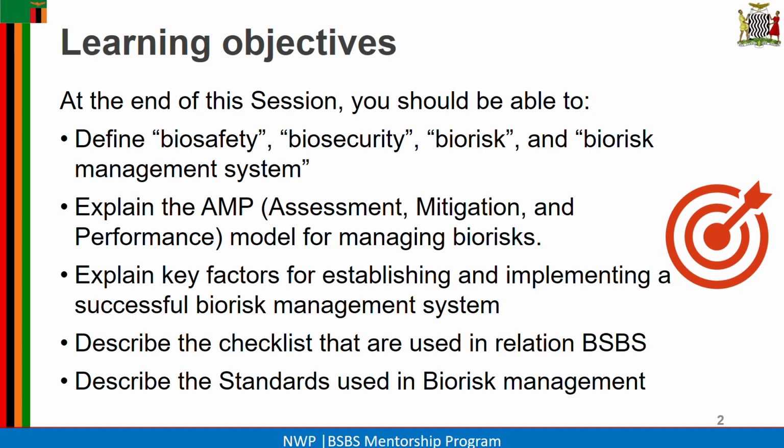Then you should be able to describe the checklists that are used in relation to biosafety and biosecurity. We're going to look at some regional checklists as well as some national checklists. Then also you should be able to describe the standards used in biorisk management. By the end of this session, you should have some idea on all these 5 key areas that are part of the learning areas in this session.